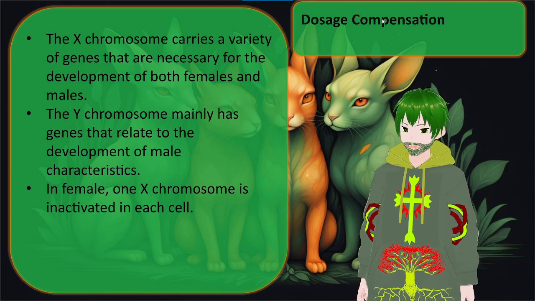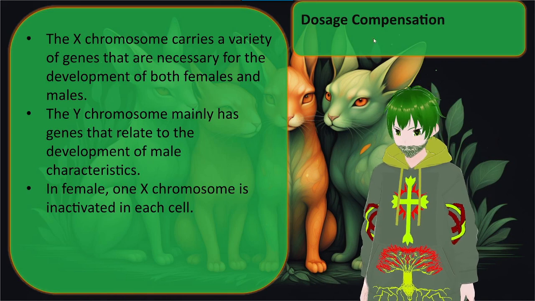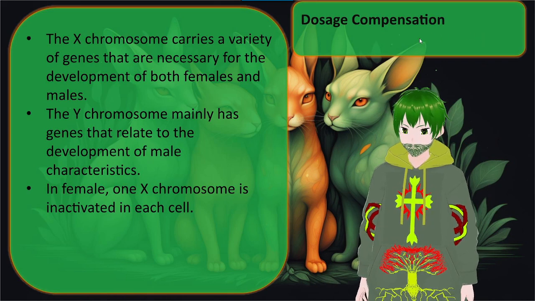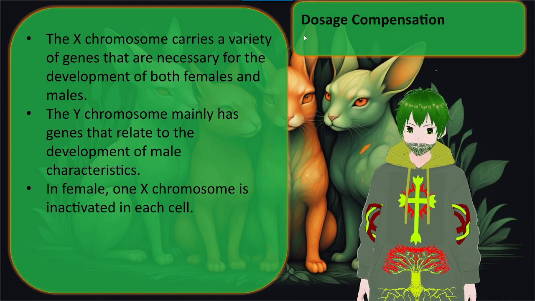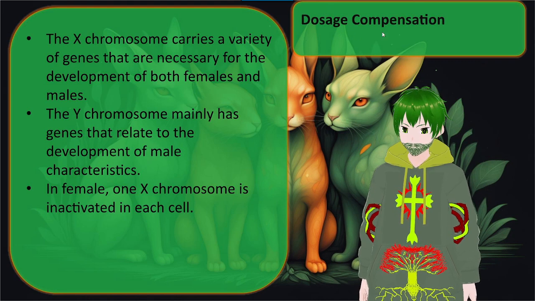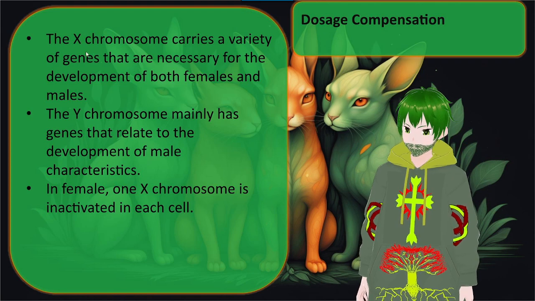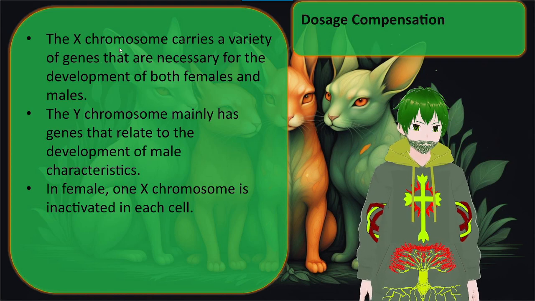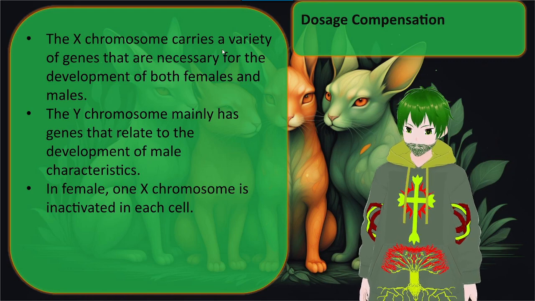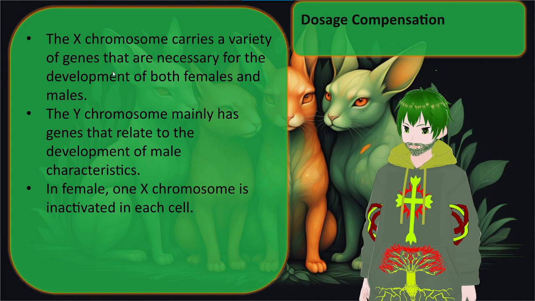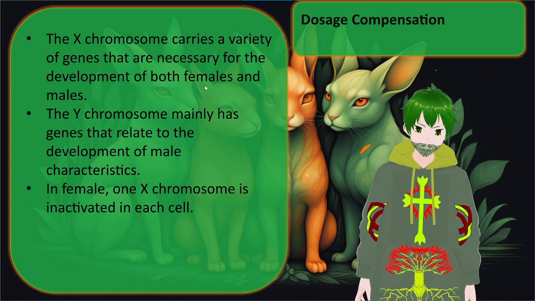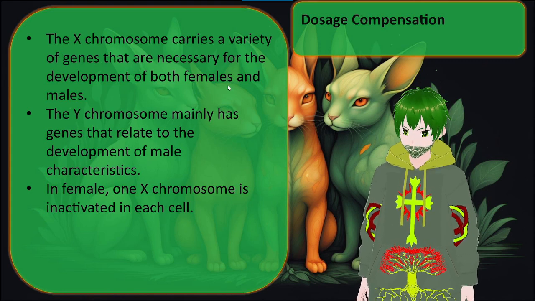Now, looking at other types of inheritance, you can have what's known as dosage compensation. The X chromosome carries a variety of different types of developmental genes for both females and males.